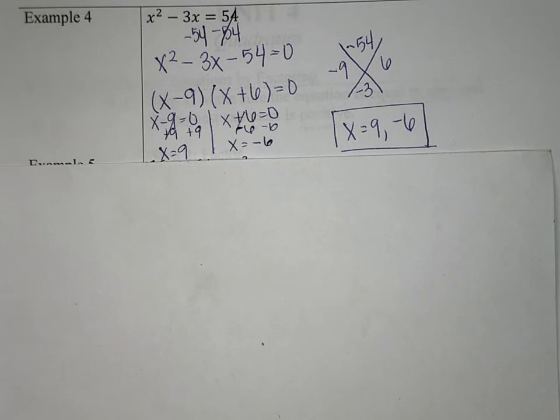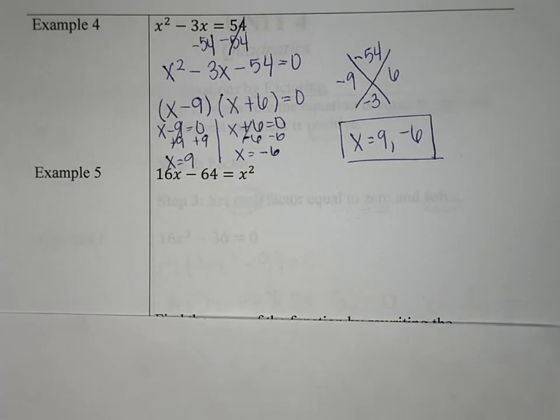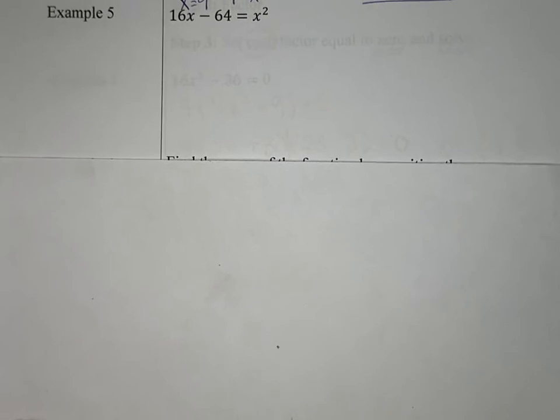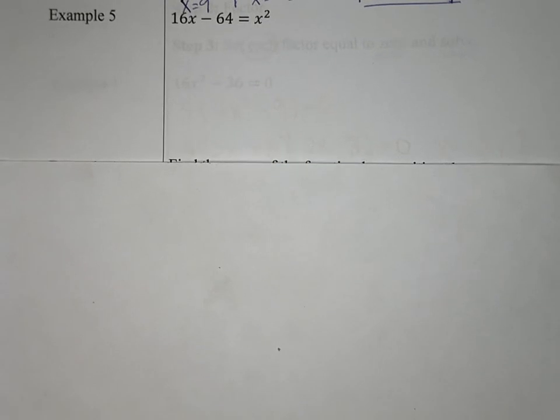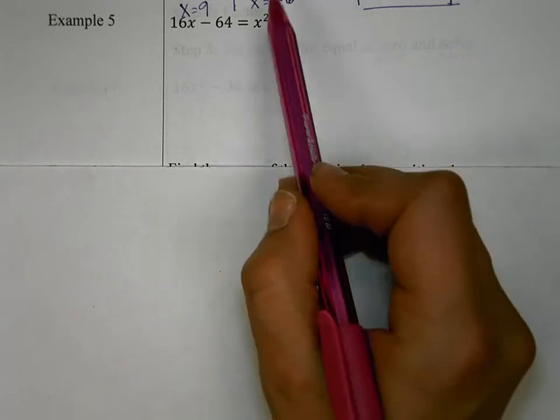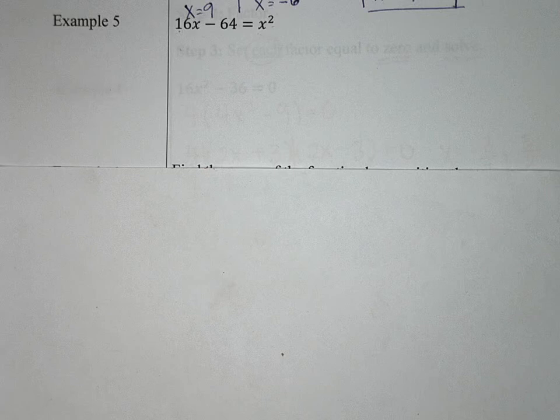Example 5. We have 16x minus 64 equals x squared. Now, if I subtracted x squared from both sides, that's going to make my x squared negative. And I wanted my first term to be positive.